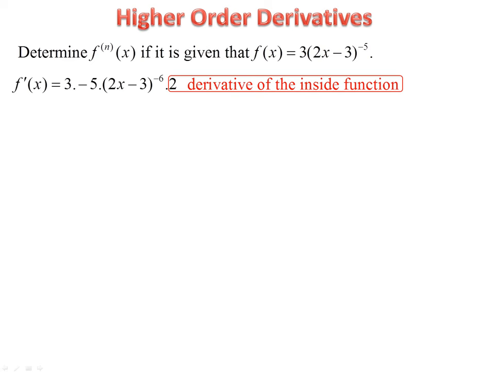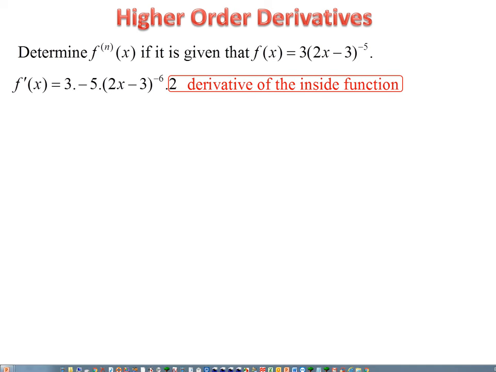First derivative, 3, their -5 multiplies down, there it is, times 2x minus 3 stays the same because that's the inside function, to the -6, drops 1 off there. But now we have to multiply by the derivative of the inside function, which is 2. Here it is. Once again, we're not going to simplify that because we'll lose the pattern.